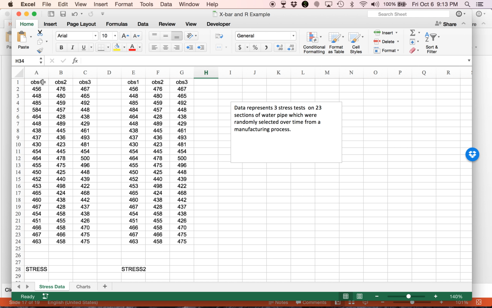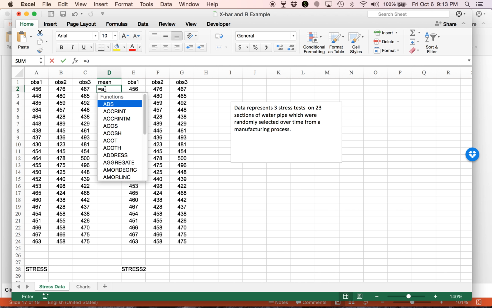So we have 3 observations each. Stress 1 and stress 2, I guess we have 2 different sets of stress tests, and so we get various measurements for observations. So we have a sample size of 3, and we have 2 different data sets here. And so what we would do is look at the mean of these, right?